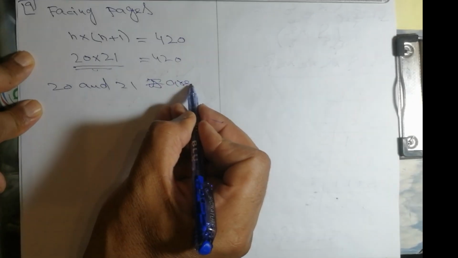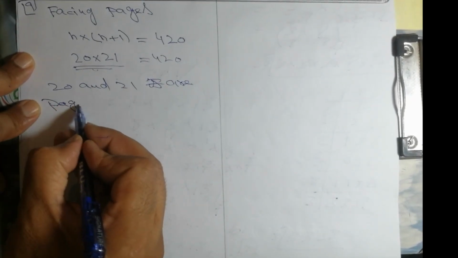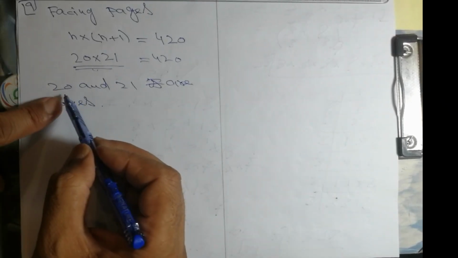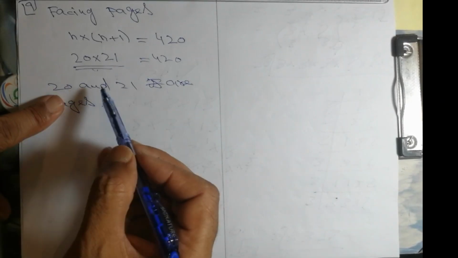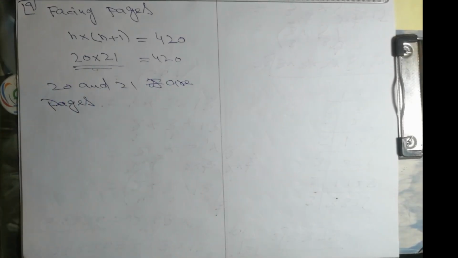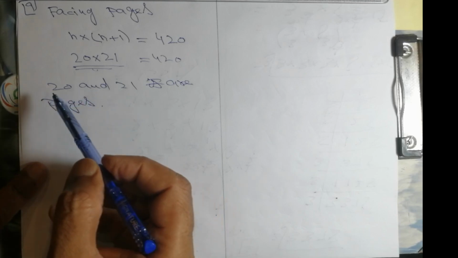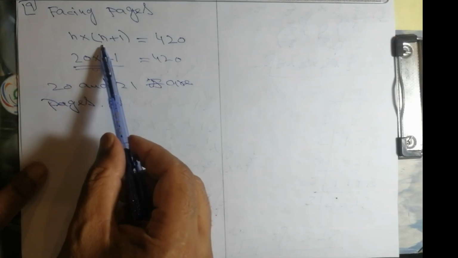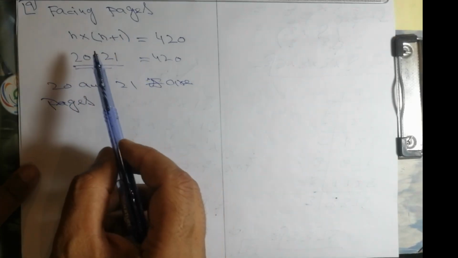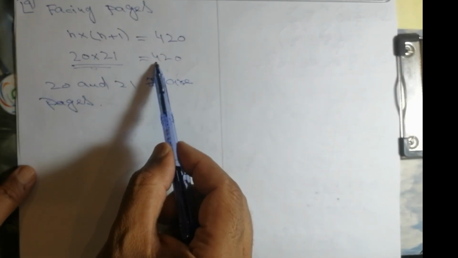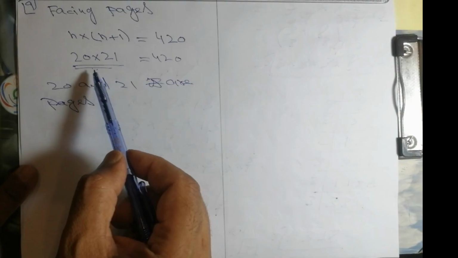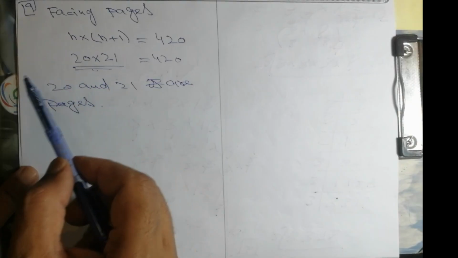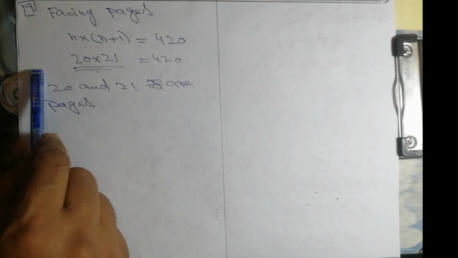These are consecutive pages, pages after one another. So let me explain again. If we open the book, let the first page be n, then the very next page will be n plus 1, and we need to find the pages whose product is 420. In the book a hint is also given that 400 is a perfect square, that means 20 into 20 equal to 400.